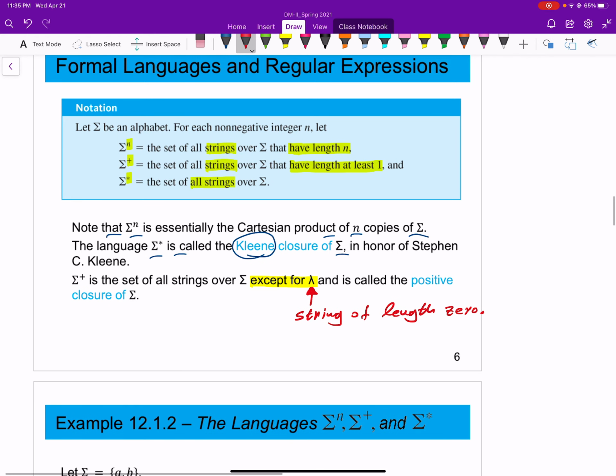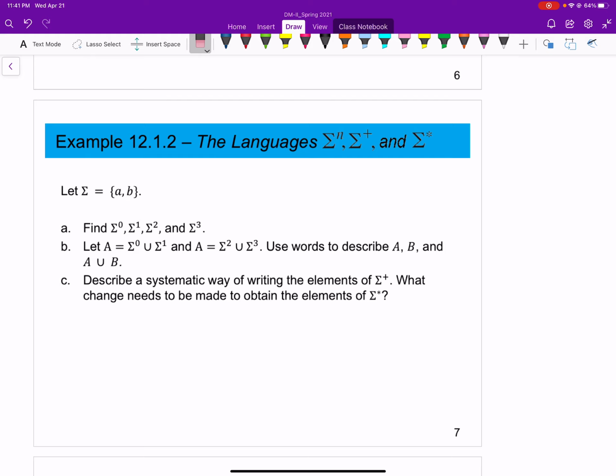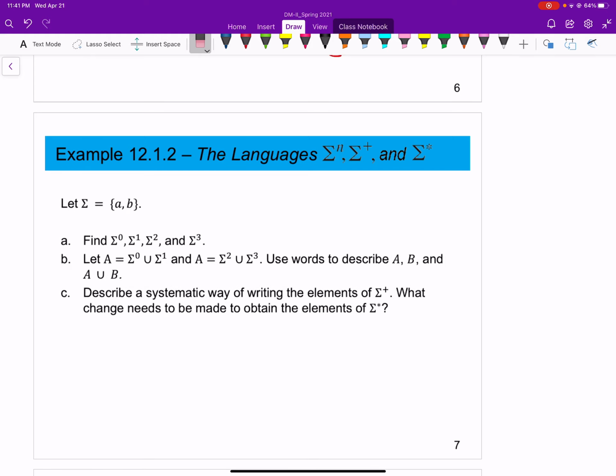All right. So let's go to the next slide. I'm going to discuss some examples. And this is example 12.1.2. Here the alphabet is again A and B. You have to find sigma to the power 0, sigma to the power 1, sigma to the power 2, and sigma to the power 3.